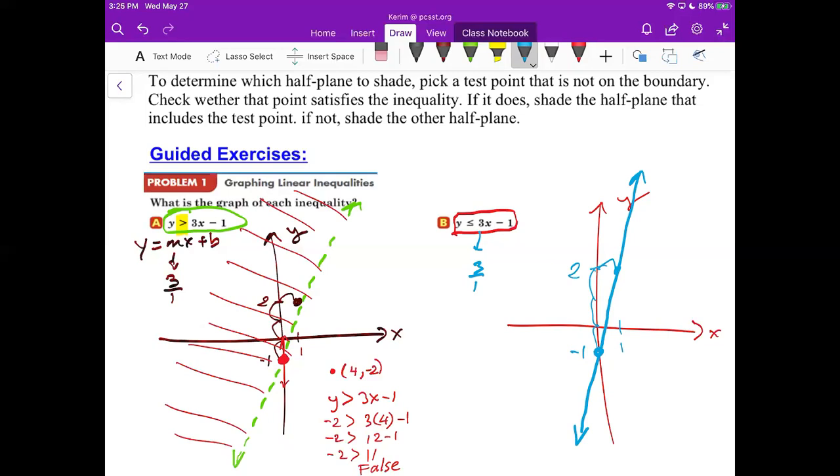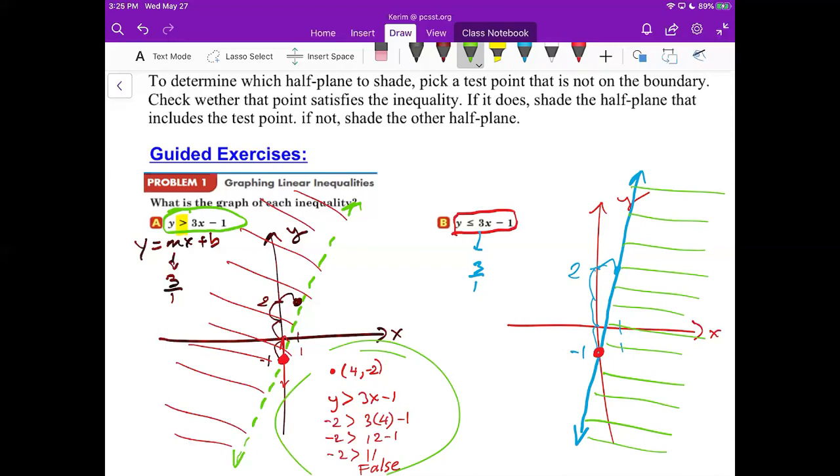Method number 1, just pay attention to the y-intercept, and then pay attention to y in your inequality. It says y less than or equal to. I know down is less on the y-axis, so I'm going to shade this side. This is easier. I don't need to do calculation like the one over here.